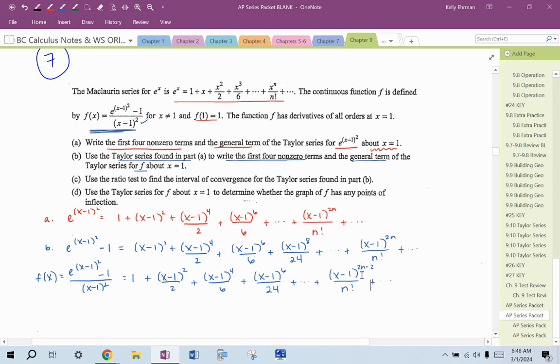It's not wrong to say (x minus 1) to the 2n over (x minus 1) squared. That's fine too, but I like to subtract my exponents like that.